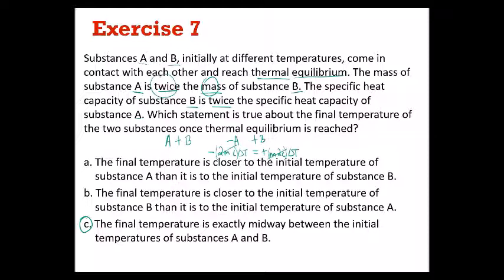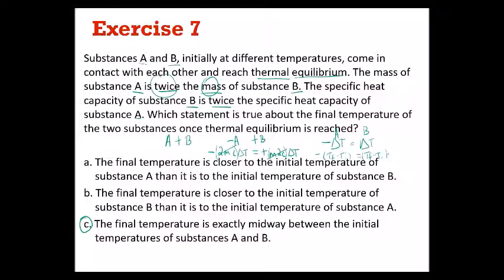So there you have it. That means really we're dealing with negative delta T for A equaling delta T for B, and that would be T final minus T initial, and this would be T final minus T initial.